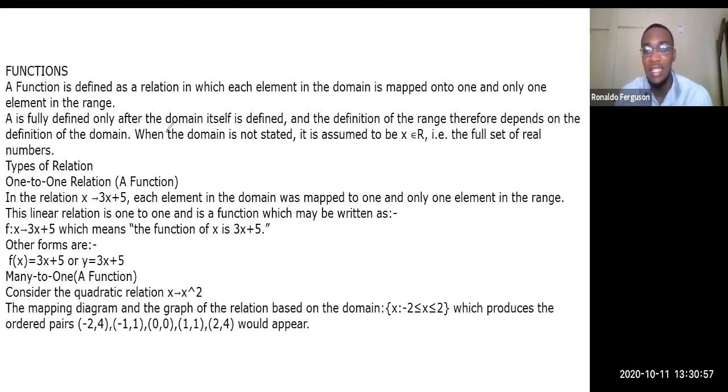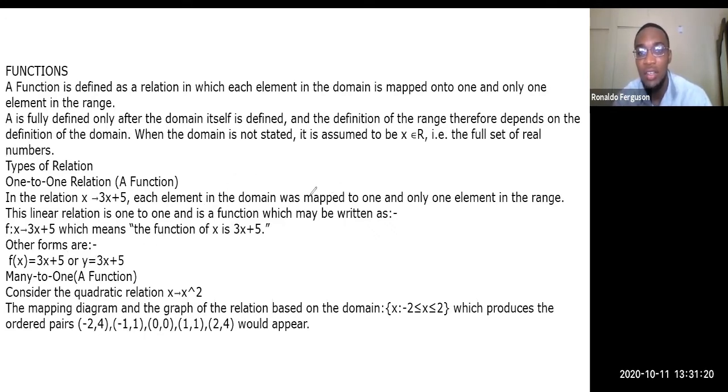And so we say that that is a one-to-one relation. So for example, f of x is equal to 3x plus 5. Sometimes you can see them write it this way, f colon x maps to 3x plus 5. This is the same as f of x equals 3x plus 5 or y equals 3x plus 5. This is a one-to-one relation.